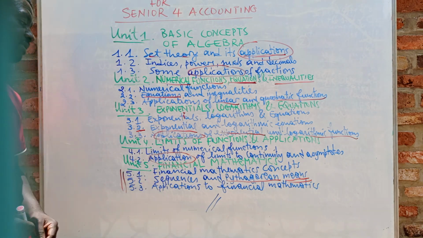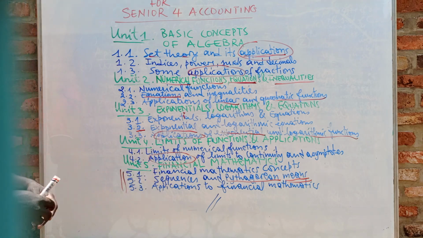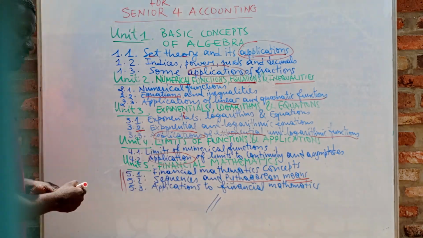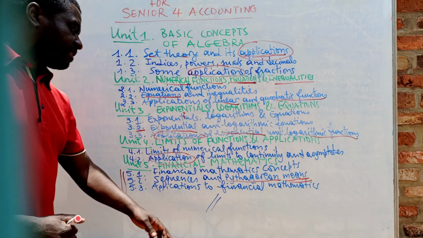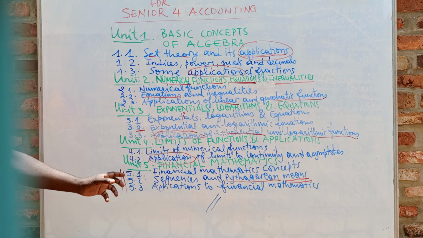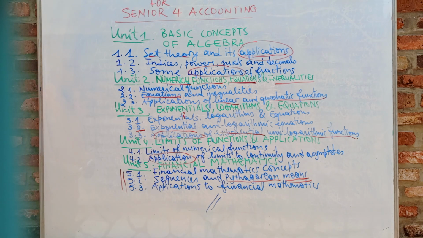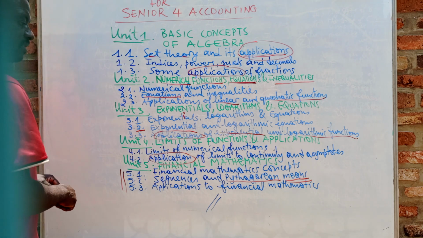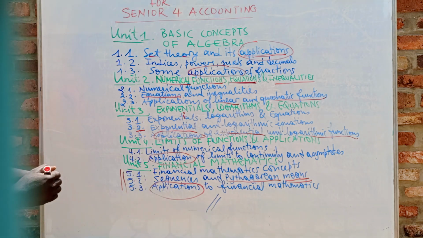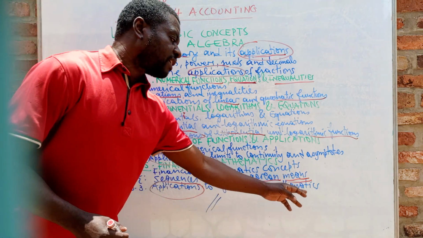And these sequences will focus on some sequences we can also call Pythagorean sequences, because Pythagorean means can play a role in these sequences. The last subunit, but not the least, is of course applications of all of these concepts to financial mathematics.